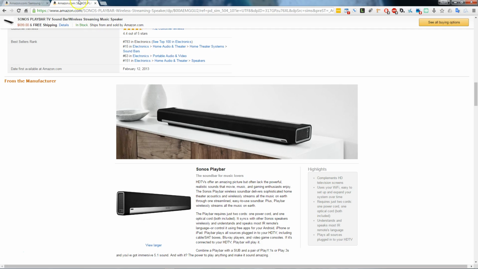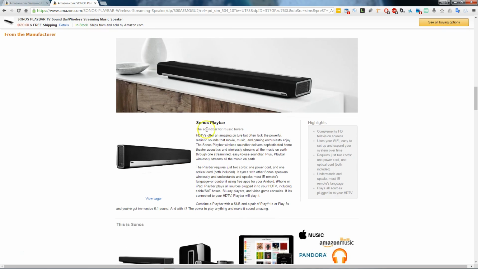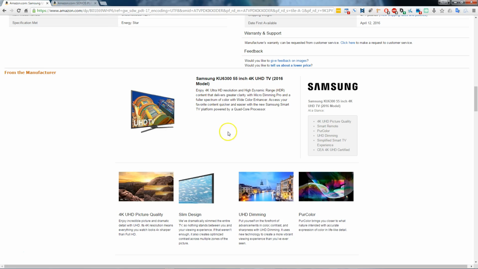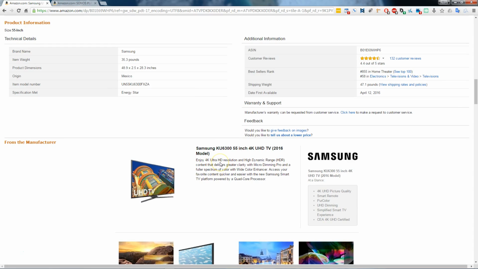Now, let's have a look at this one. The soundbar for music lovers. Excellent. Immediately, it has targeted an audience, which this one really doesn't at all. They just state the model number and the size and the date.